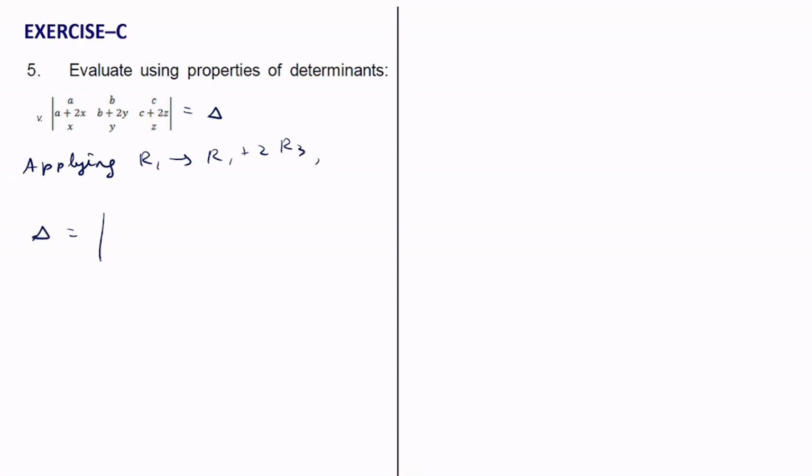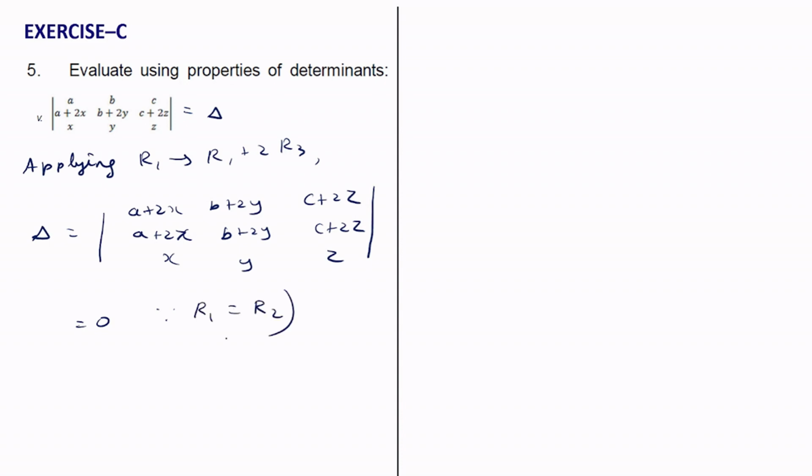So delta will be a plus 2x, b plus 2y, c plus 2z, then the second row and the third row will be the same, x, y, z. Now this is equal to 0, since we know that if any two rows or columns are equal, then the value of the determinant is equal to 0.